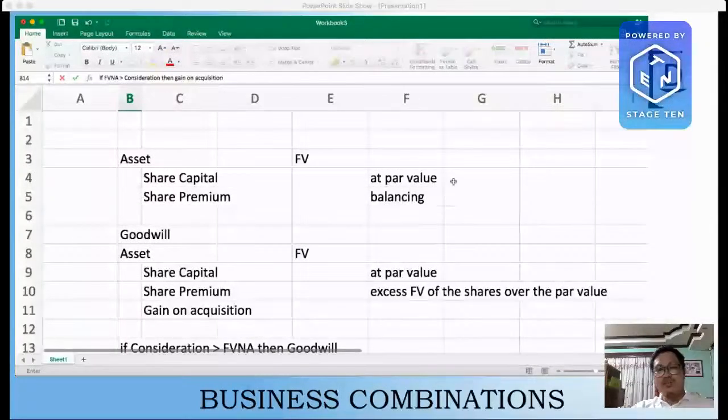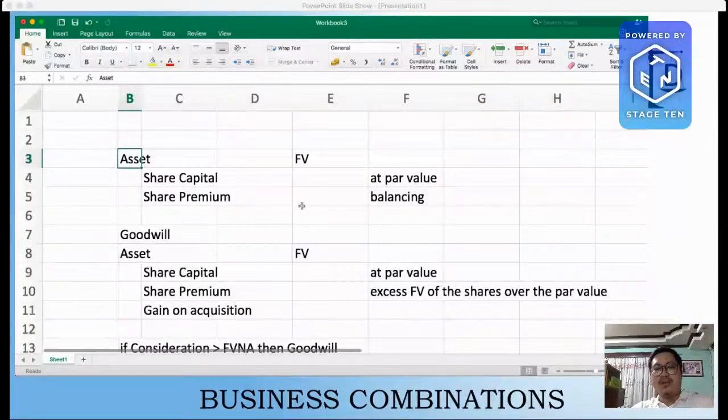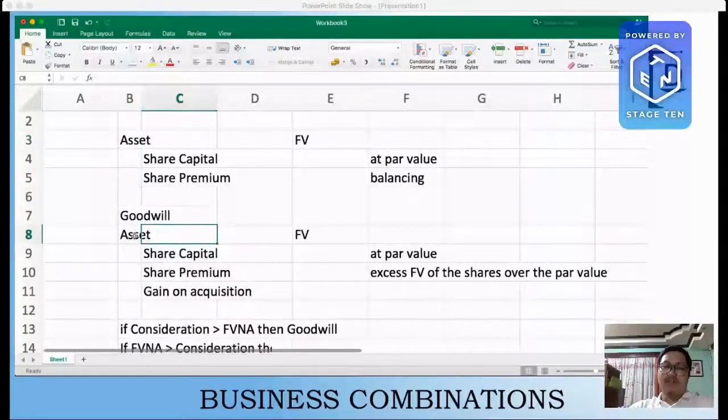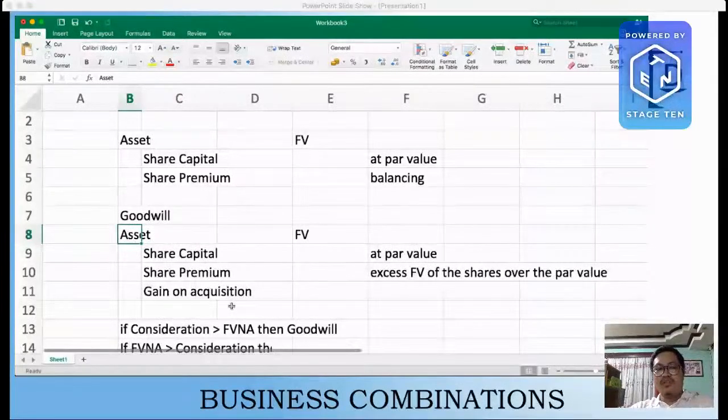Because the total credit to your share capital and share premium would depend on the fair value of the asset acquired, even though it does not represent the fair value of the shares issued. But in a business combination, class, you still record the asset acquired at its fair value, but to record the shares issued, the total credit to your shareholders' equity should represent the fair value of the shares issued.